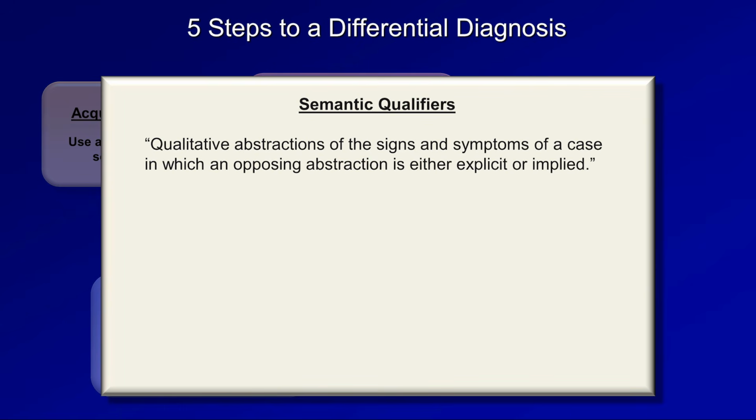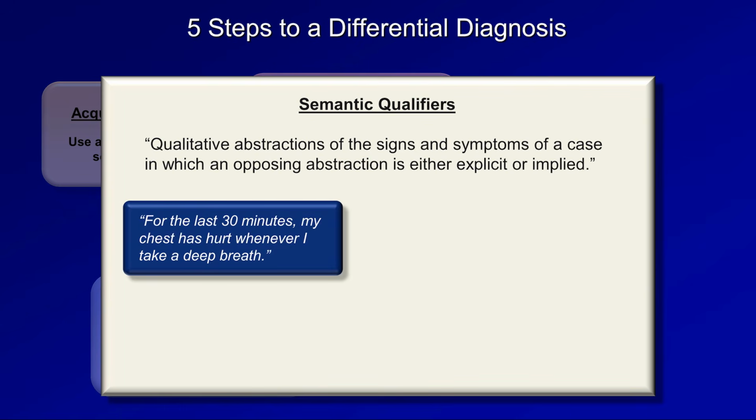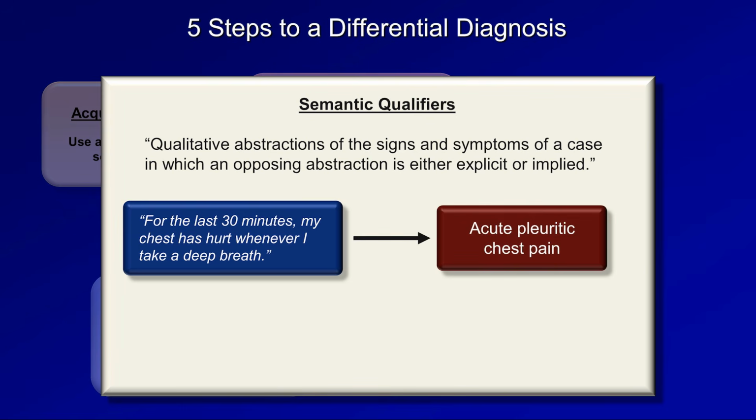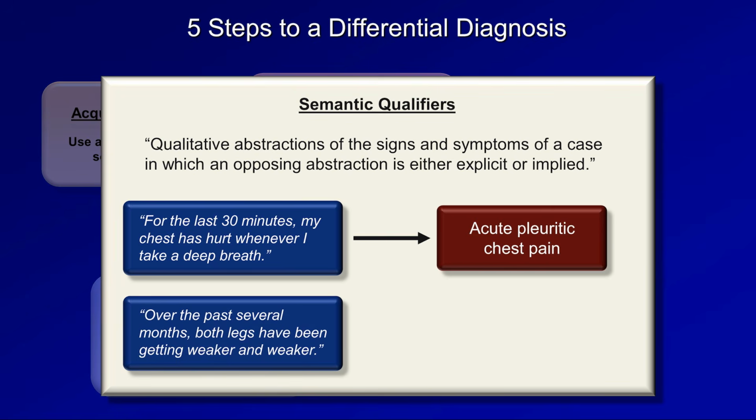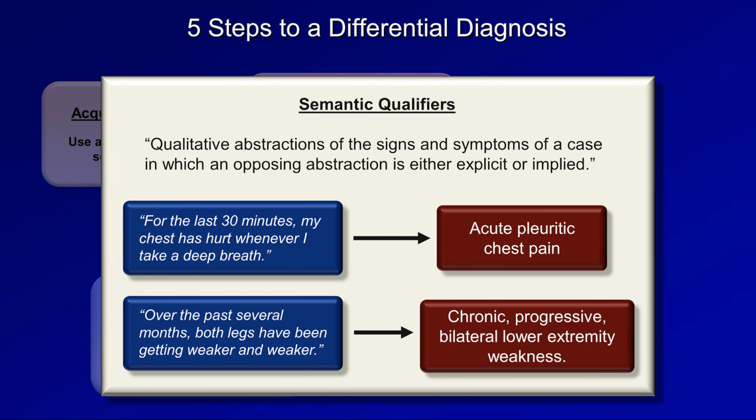Imagine a patient in the ER states, "For the last 30 minutes, my chest hurts whenever I take a deep breath." We would reframe this as acute pleuritic chest pain. Or another patient states, "Over the past several months, both legs have been getting weaker and weaker." This becomes chronic progressive bilateral lower extremity weakness.